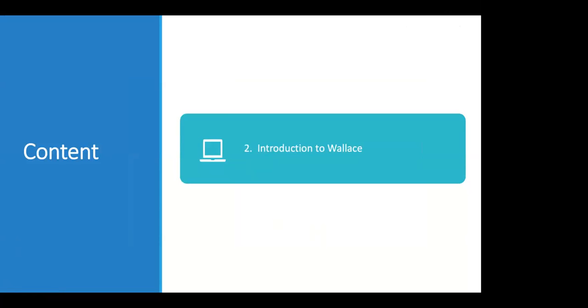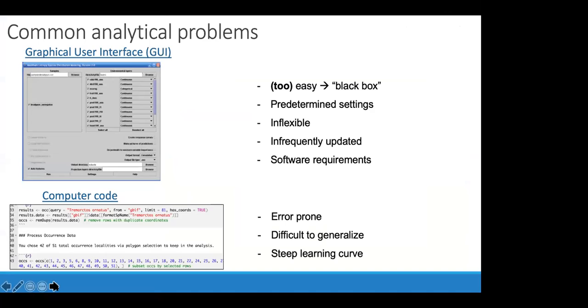Well, so let's talk about Wallace, what you're all here for today. When we're doing species distribution modeling, there's a range of tools available to do this sort of modeling.